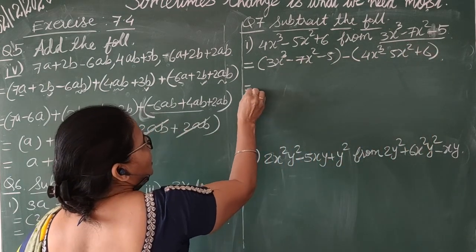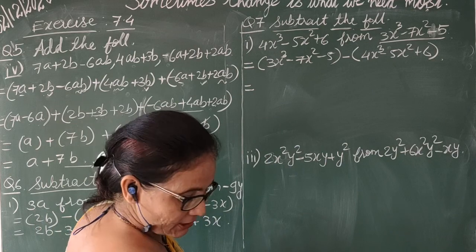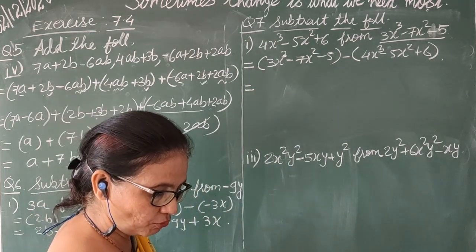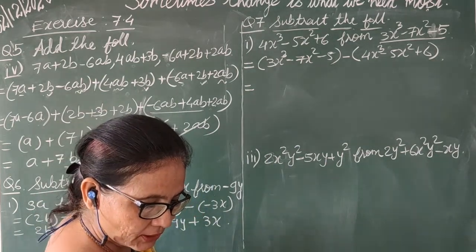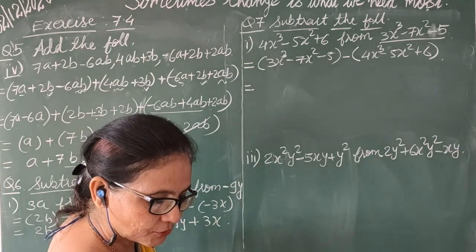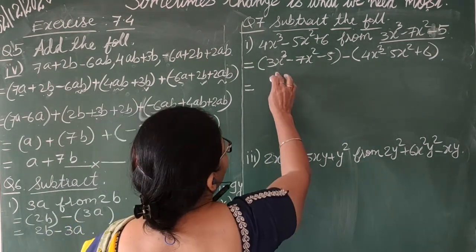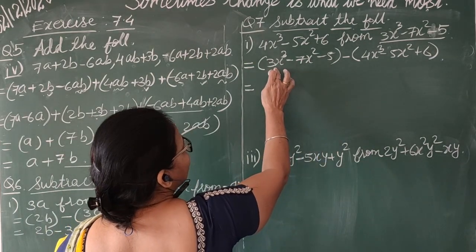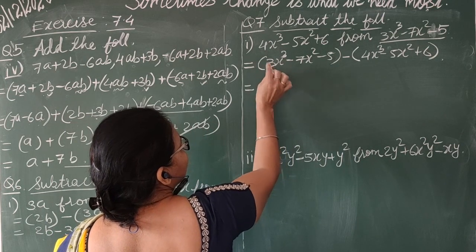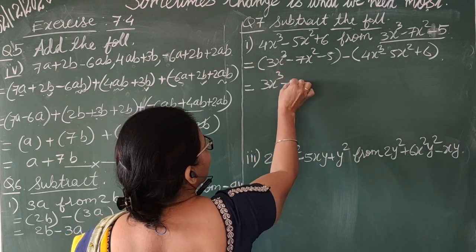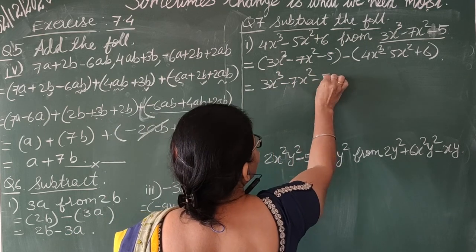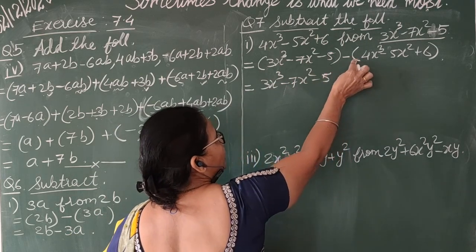Now see, whenever there is a minus sign, you first remove the bracket. That will be easy for you, and afterwards we have to collect the like terms. So before this bracket there is plus, so all the terms will remain as they are. Now before this bracket there is minus.